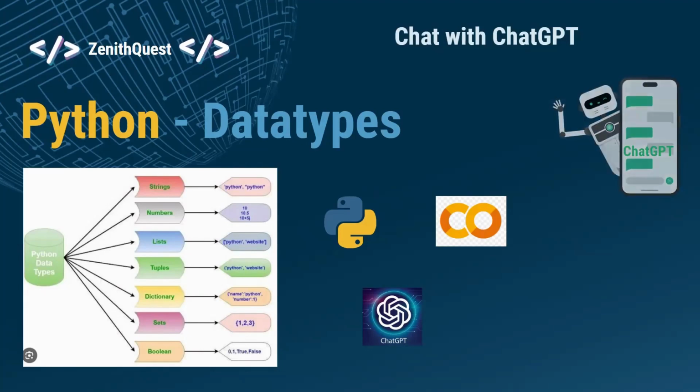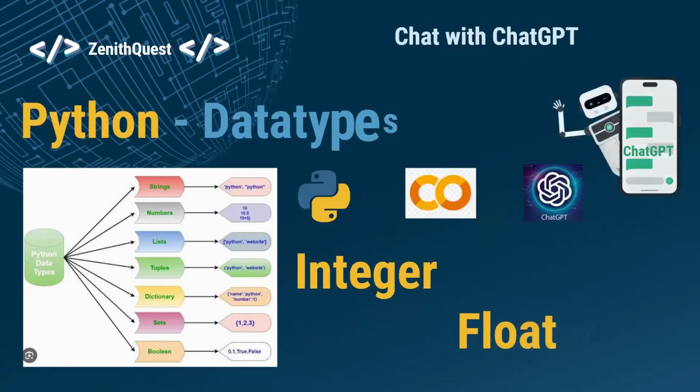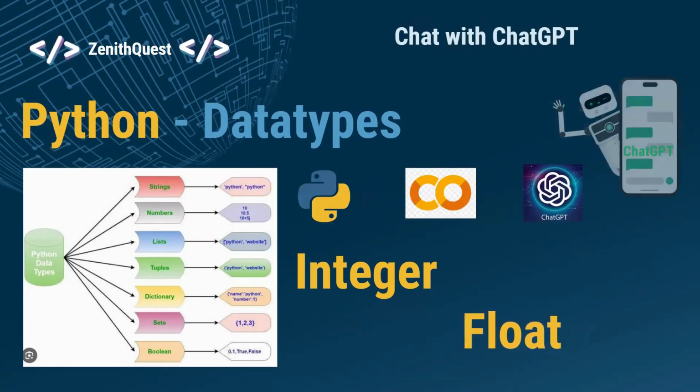For this session, we are going to see only two data types: mainly integer and float. In the coming days we will see other data types. Let's go step by step.